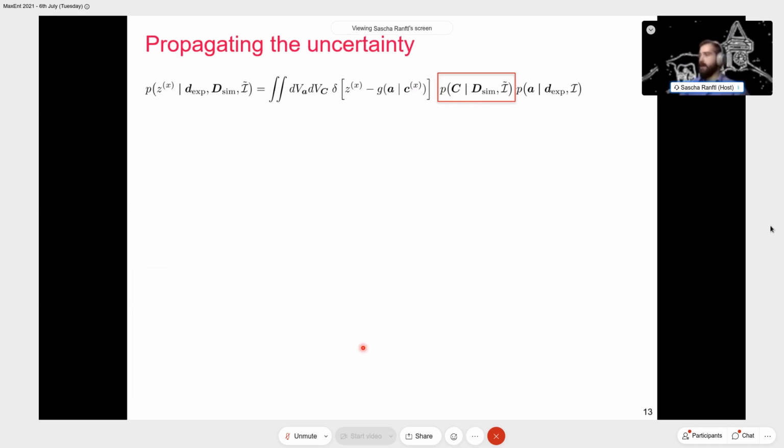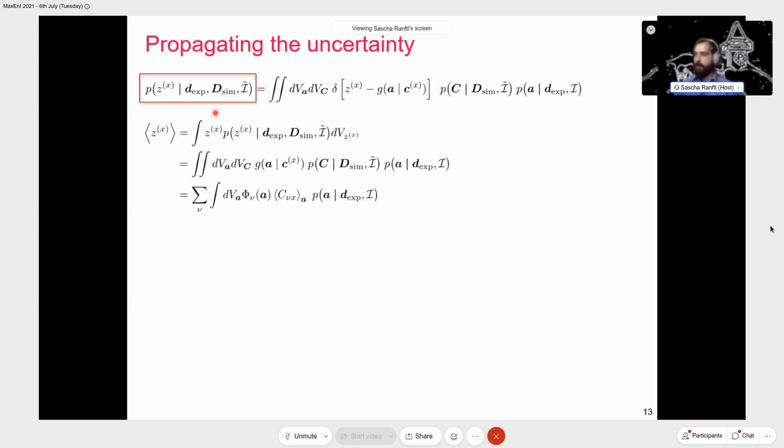Now this is very nice, but until now we have only looked at this term here. But what we actually want to do is infer the uncertainties of the Z. So having this part now, we actually want to solve this equation to come up with uncertainties for Z. Now this turns out to be rather easy with what we have by now.